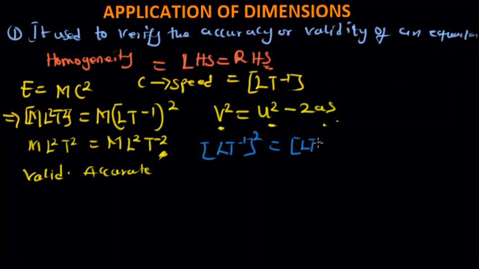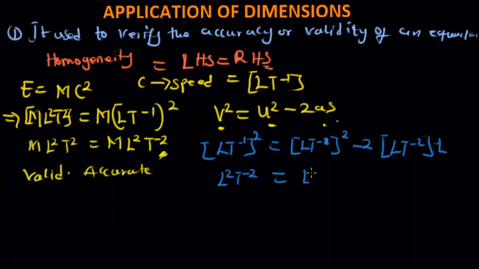And then we have LT^-1 all squared, minus 2 times the acceleration, whose dimension is LT^-2, and then we have the distance, which is L. So we'll have L^2T^-2 equal to L^2T^-2, for the squared terms. Then for the minus 2 term, L is here, they all have power 1, so we just add the powers, that is 1 plus 1, which will give us 2, and T to the power -2, so we have L^2T^-2.